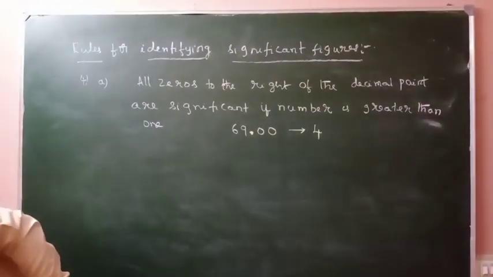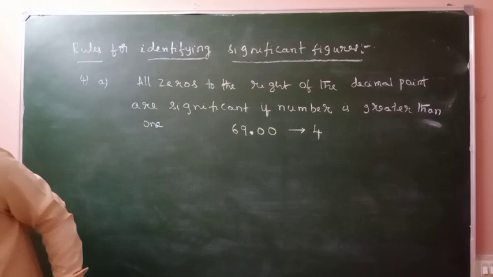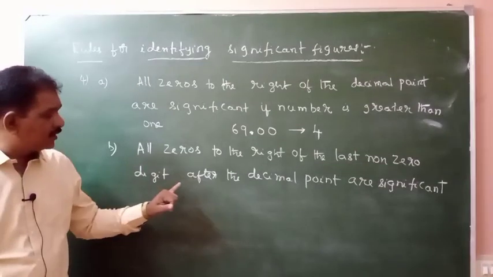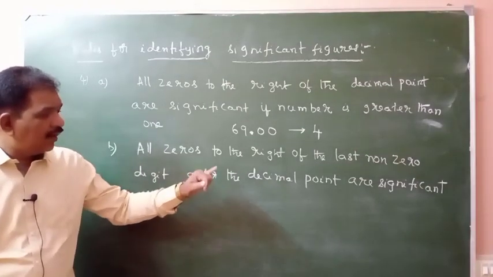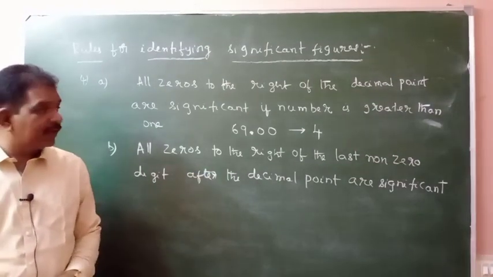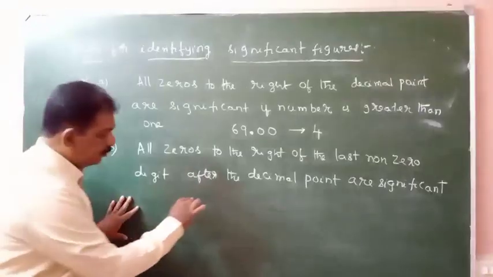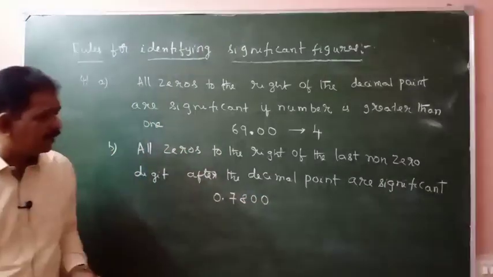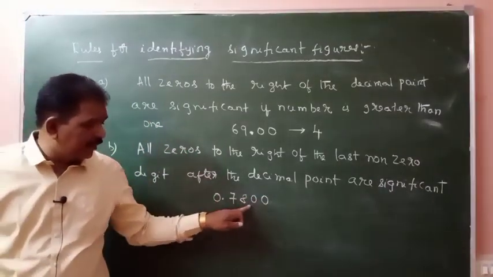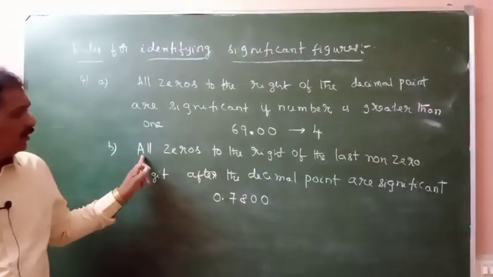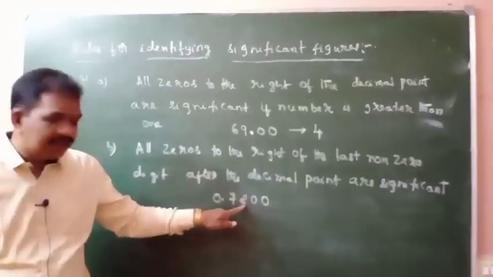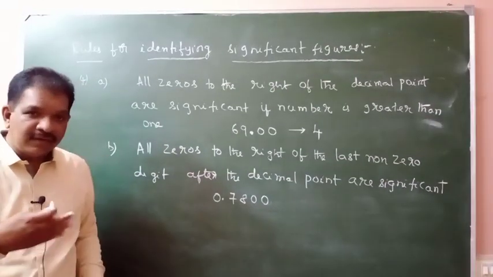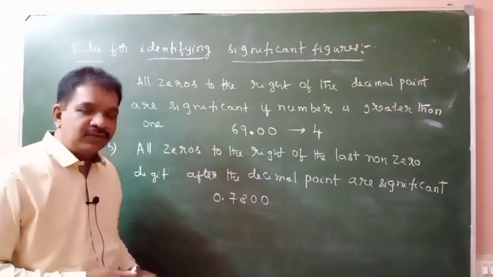Next, all zeros to the right of the last non-zero digit after the decimal point are significant. For example, 0.7800 is there. So after the decimal point, these two zeros are to the right of the last non-zero digit.